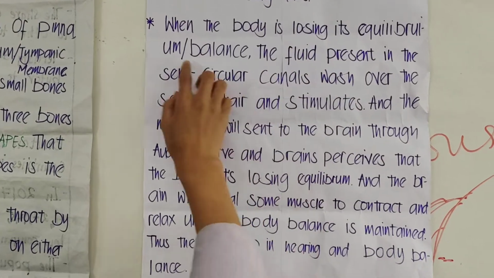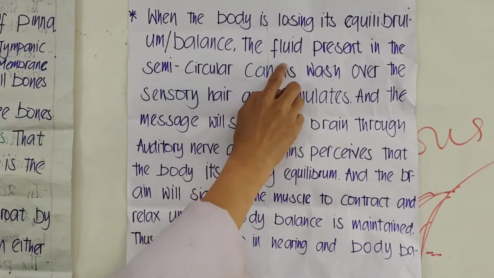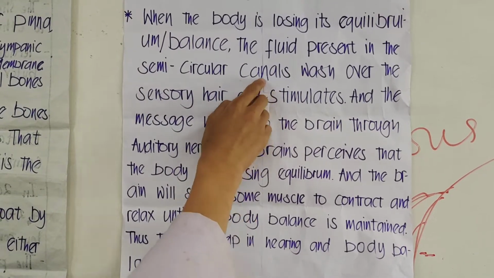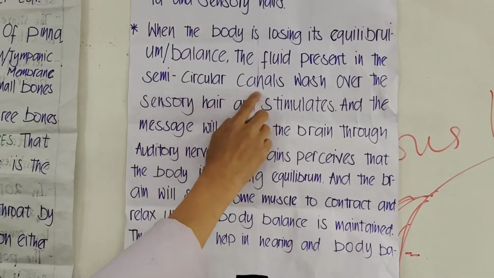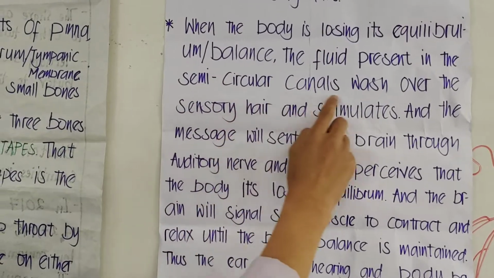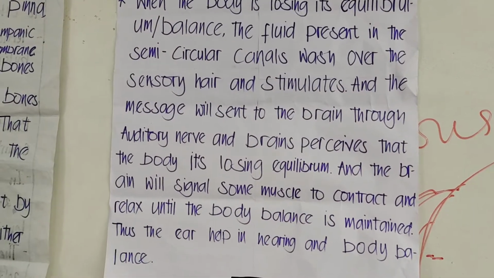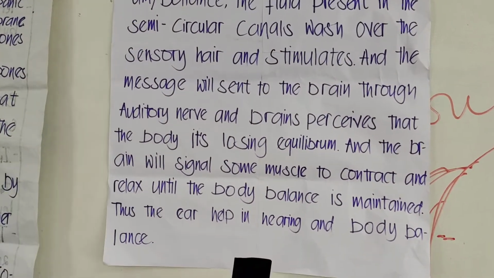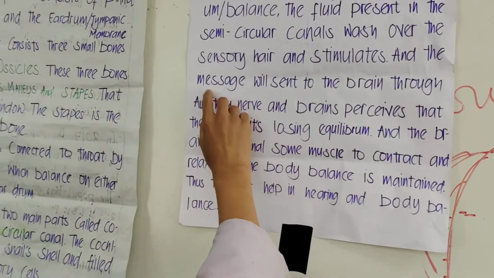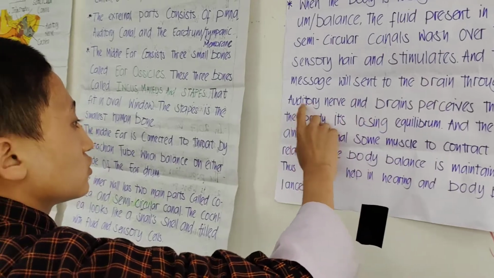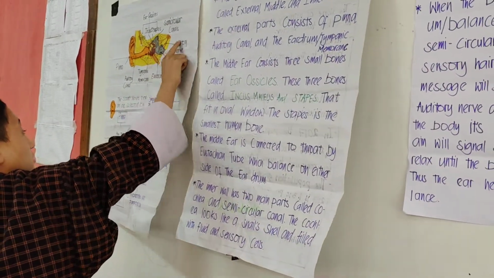When the body is losing its equilibrium and balance, the fluid present in the semicircular canal can wash over the sensory hair and stimulate them. And the message will be sent to the brain through the auditory nerves.